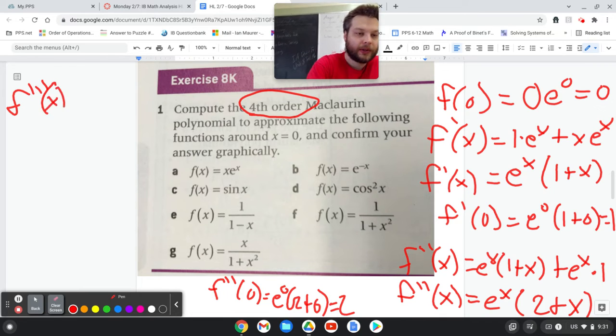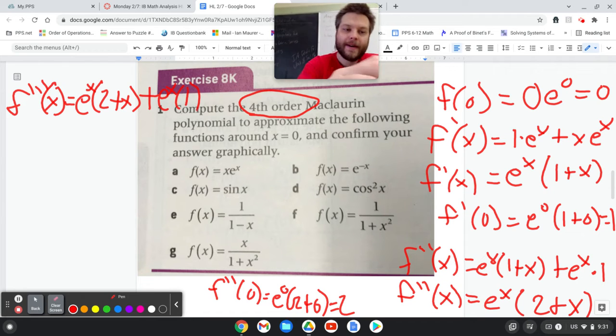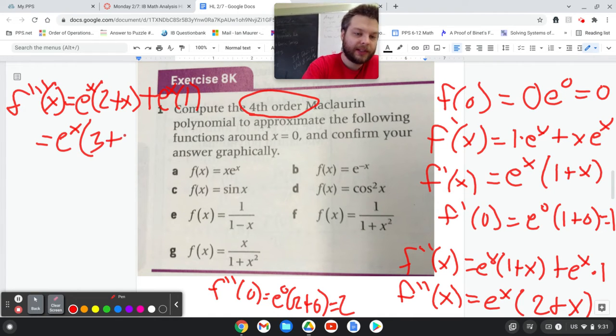So let's do it. Let's do our third derivative. E to the x, that's f prime times g, 2 plus x, plus f times g prime, which again is 1. Yep, same sort of thing happens here. Both terms have an e to the x in common. Now we have 3 plus x of them. So that's f triple prime. Sometimes you'll see just a little number like a 3 there because it gets annoying to count the apostrophes.